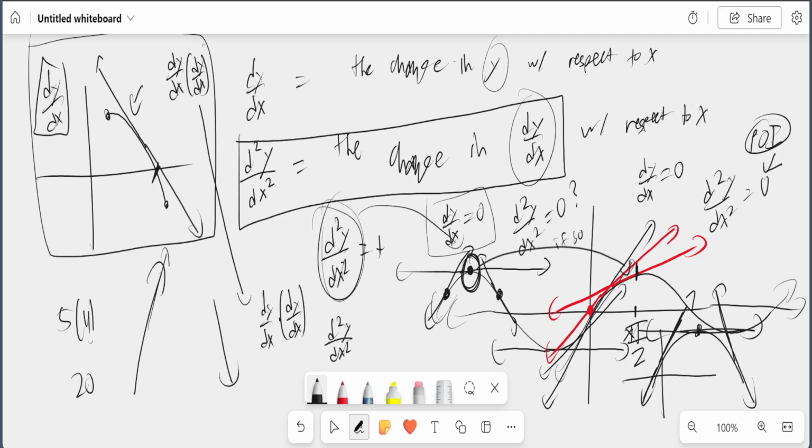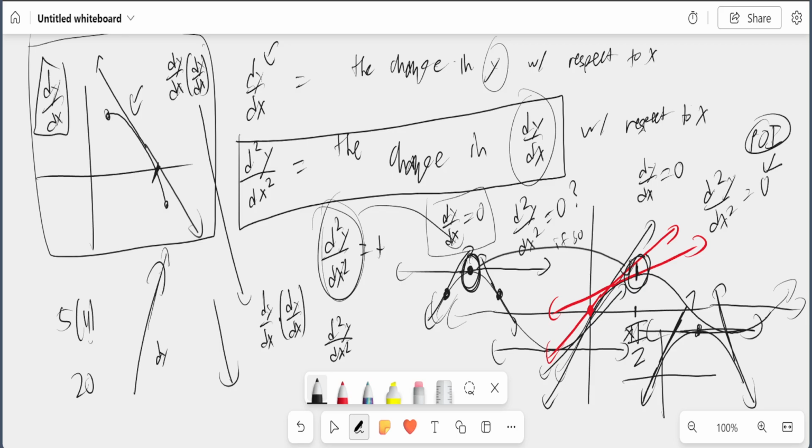I think the one thing that you are misunderstanding is that when we take the derivative, no matter how many times we take it, it's still a function of x in this plane. So if we want to find y double prime at this point, we don't plug in 0 because dy dx is 0. We plug in the same x of the point we're looking for.